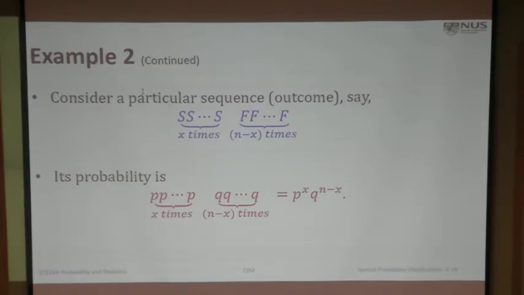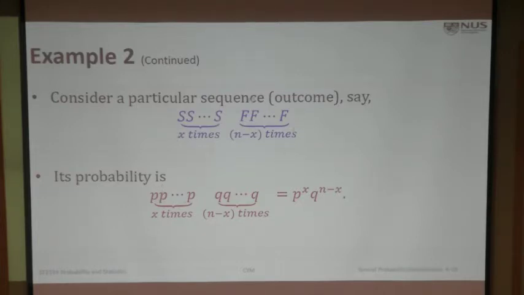The probability mass function for capital X can take a value 0, 1, 2, 3 up to n. But basically it's going to consider a particular realization where we had little x successes, and then we have n minus little x failures. Now if the first one has probability p, the next one has probability p, and this one has probability p, so the probability that this occurs is p to the power x.